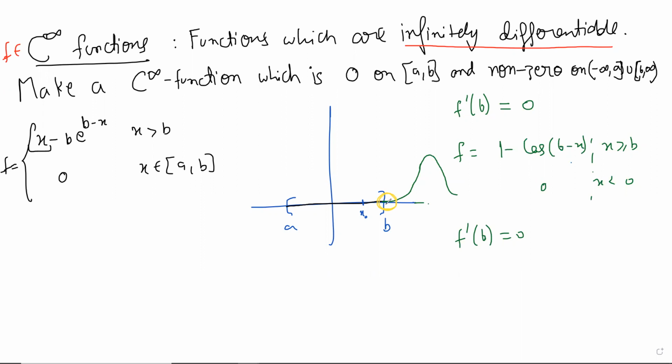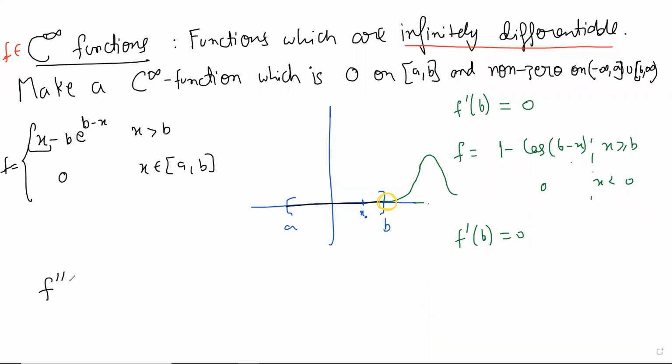Obviously, I'm just saying it. How do you prove it? I've not proved it, right? So we can go to the second derivative. So the first derivative we know exists, but the second derivative we can try to see.